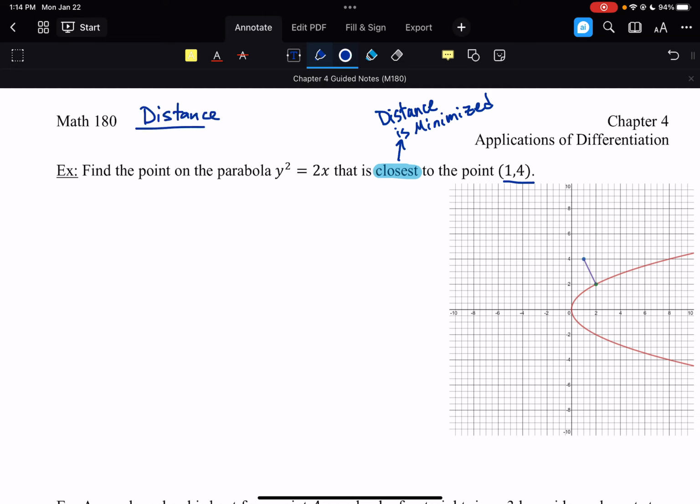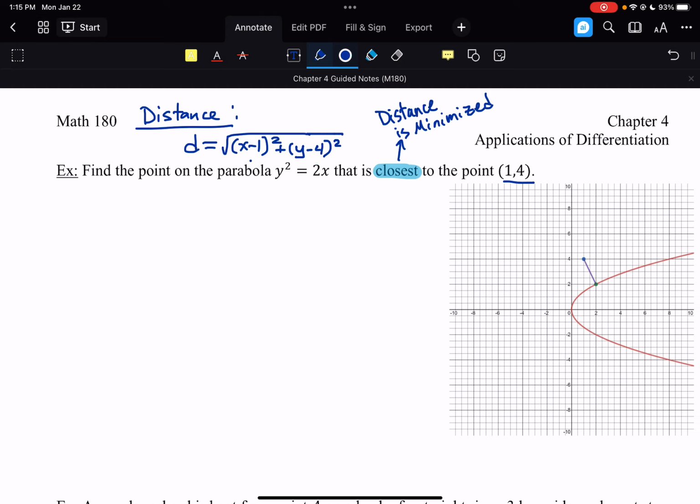So distance, we have d equals the square root of (x minus 1) squared, that's the 1 from this point, plus (y minus 4) squared, again from that point. So this would be our formula in terms of x and y.